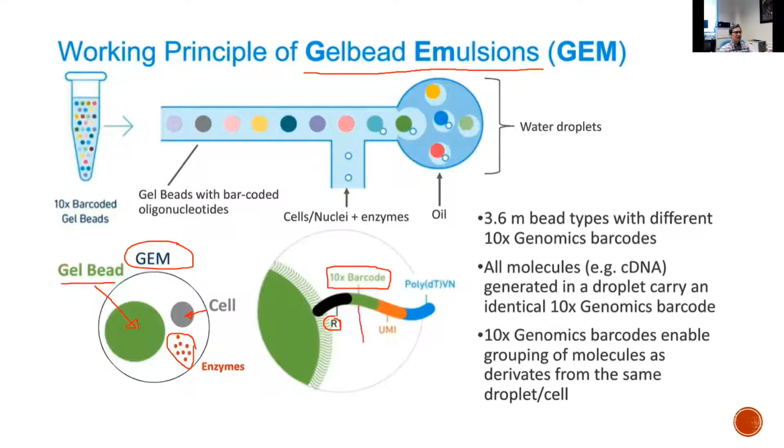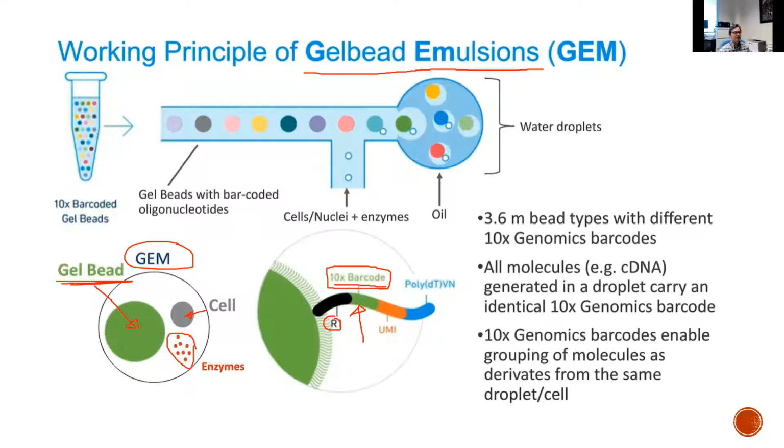This 10x barcode will tell you which gel bead it is covering. So all the DNA fragments on this bead contain the same barcode. For this particular gel bead, the 10x Genomics barcode will be the same.